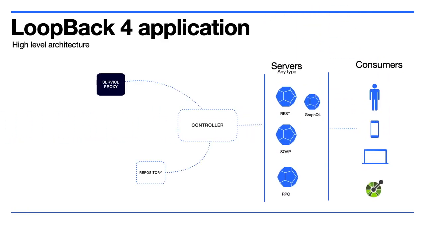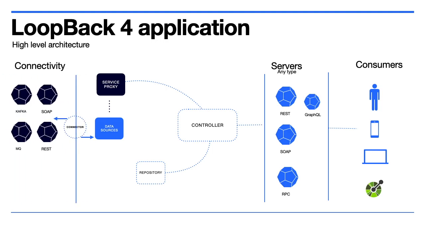Okay, so the service proxy and the repository both need something called a data source, and the data source is really related to something that we call the connector, and there are many connector types.